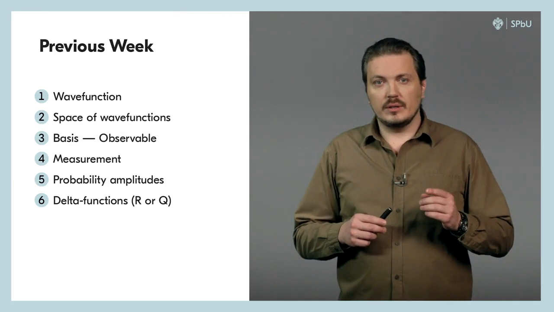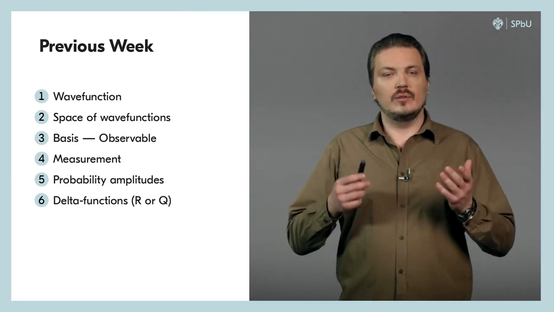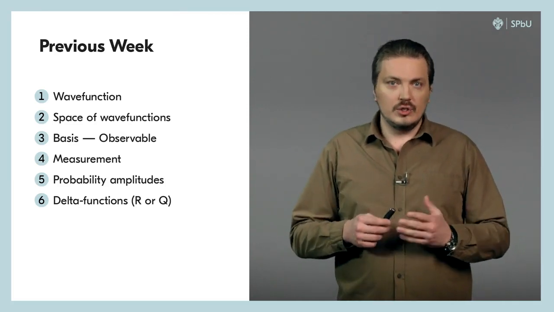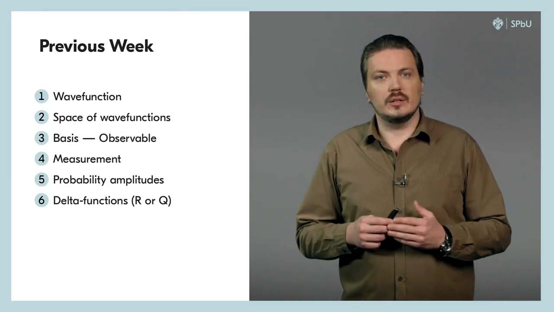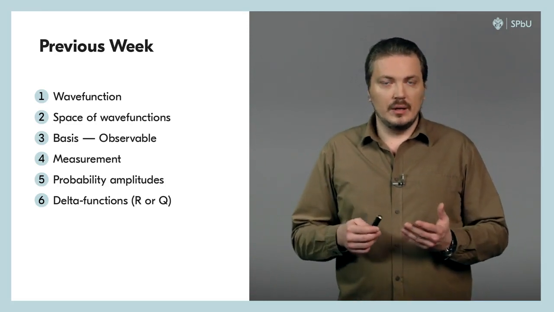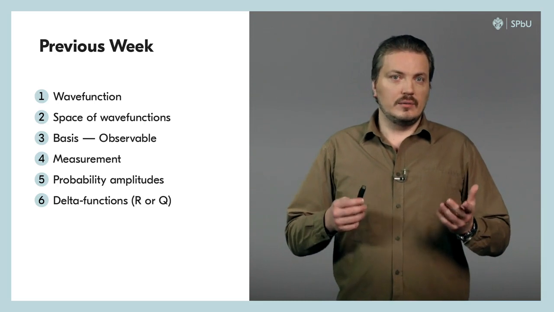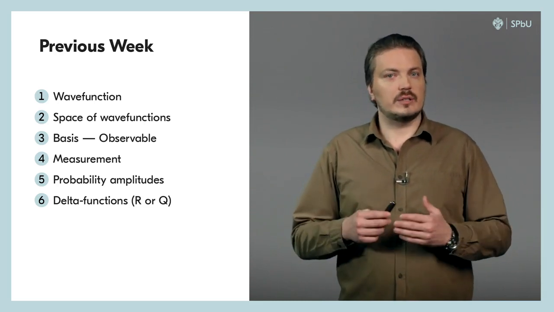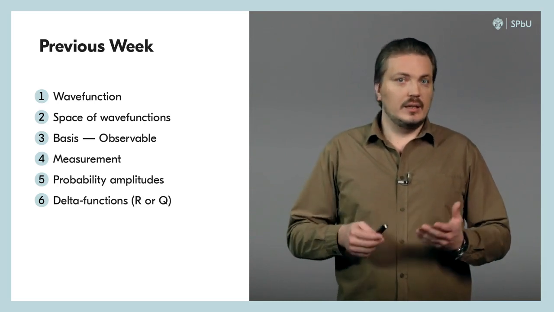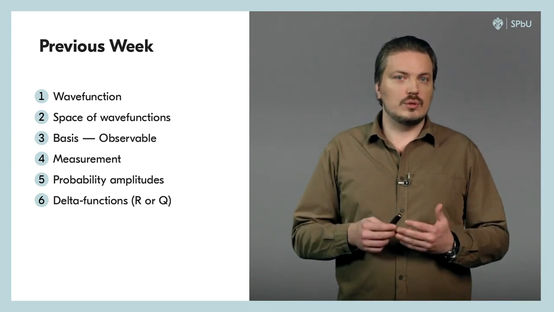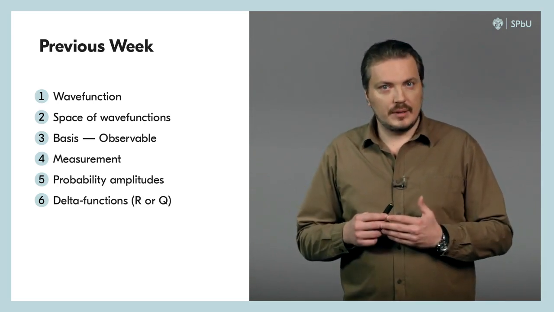On the previous week, we introduced the term wave function, which refers to a quantum mechanical description of a particle. We know now that wave functions form a linear vector space, and that in any vector space we can choose an orthonormal basis.